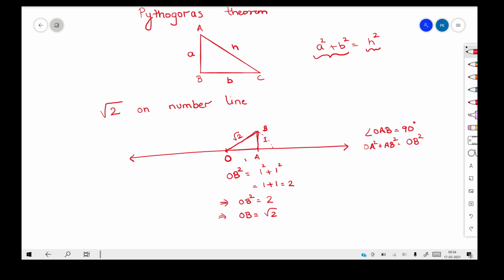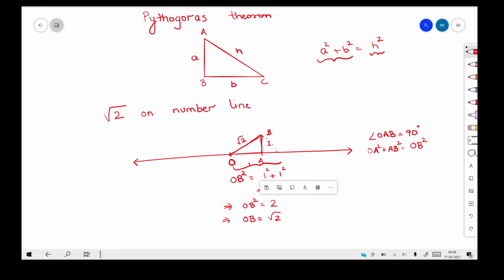Now the point where it meets the number line, having the same radius as OB, will be under root 2, since the radius of a circle is the same at all points. Let's name this point A dash. So OA dash is under root 2. This is how we represent irrational numbers on the number line.